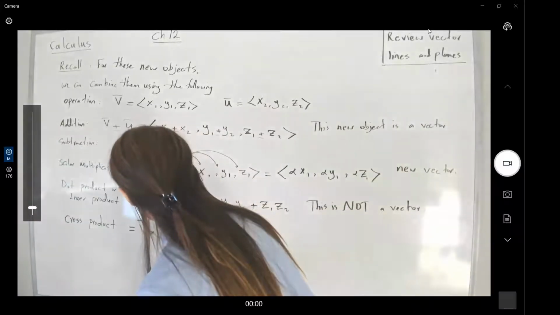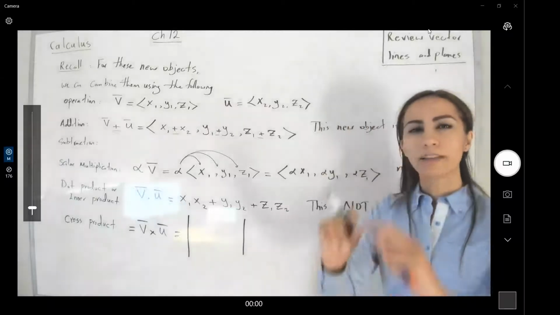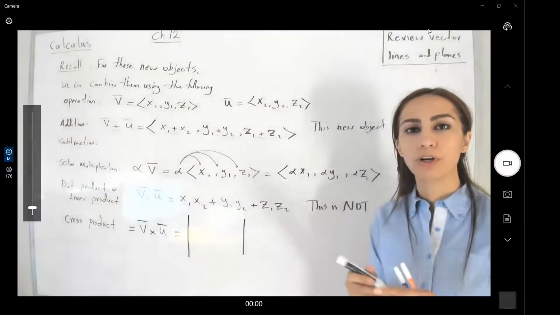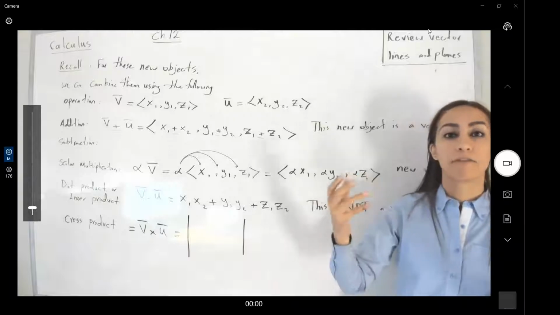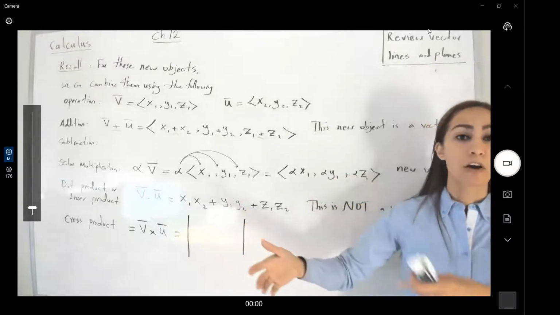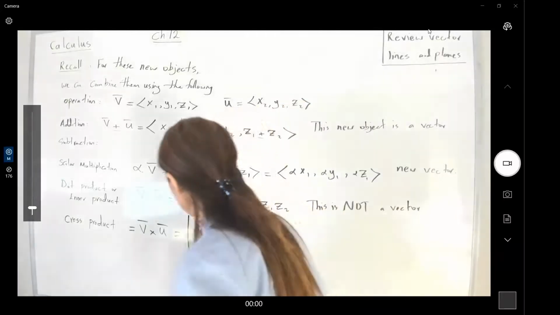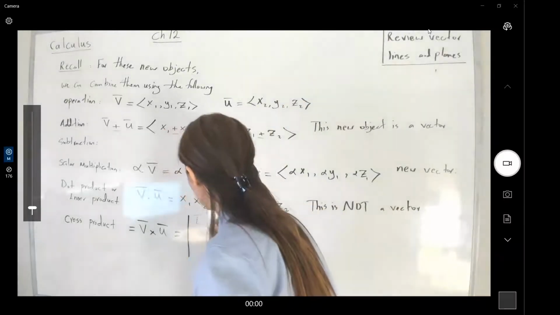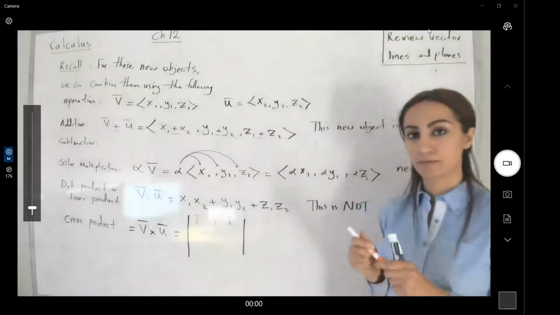The determinant of what? On the very first row, you're going to use your direction vectors for x-axis, for y-axis, and for z-axis: i, j, and k.